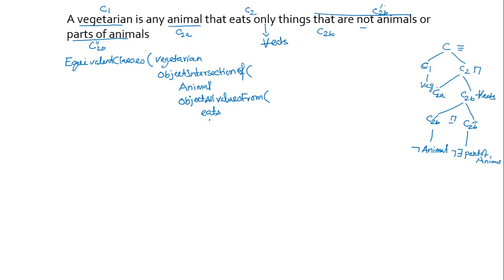If we now try to represent this, we will be picking up this part. We will represent this as object intersection of two things. The first thing is object complement of animal.